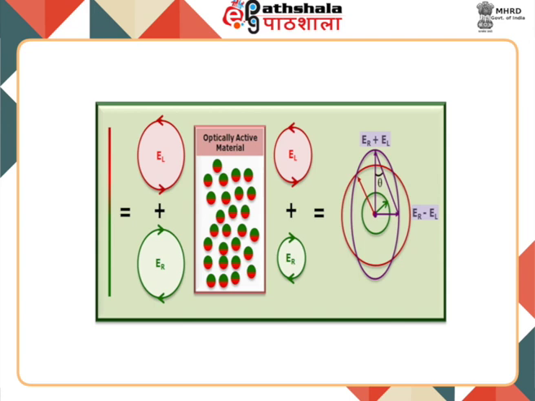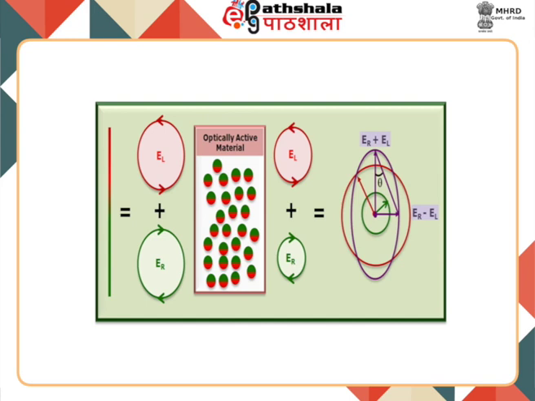In this case, the oscillation of charges in the material is damped as energy is removed from the field by the absorption process. If the absorption is different for the right and left-handed circularly polarized light, then the linearly polarized light will become elliptically polarized.